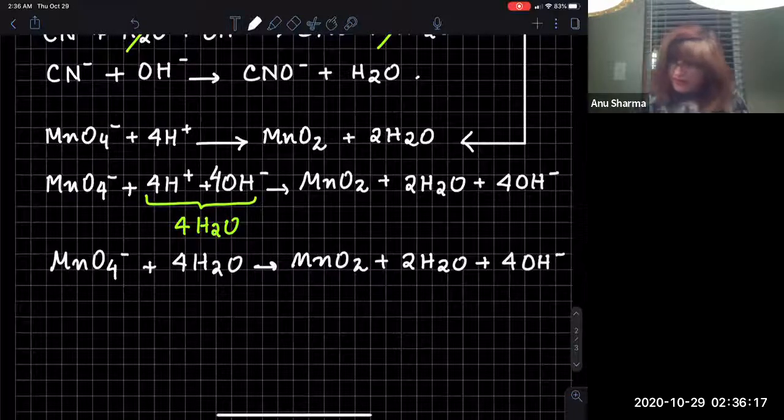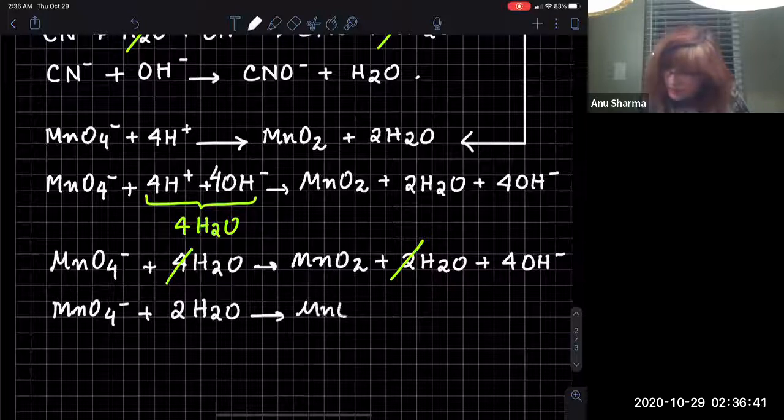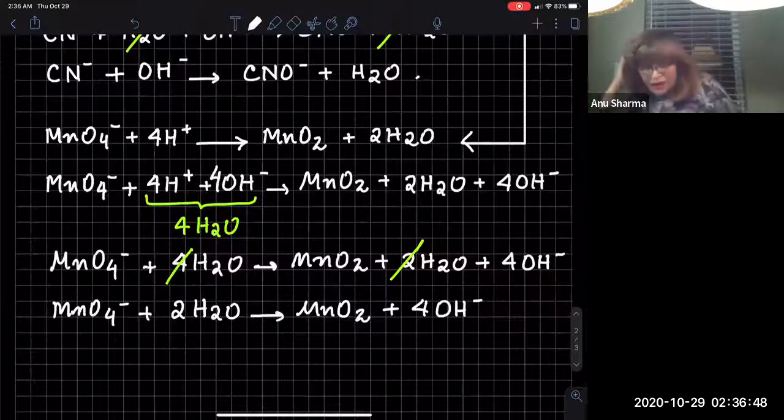So we see that now the water molecules cancel out, and we are left with this equation: MnO4⁻ plus 2 water molecules gives you MnO2 plus 4 OH⁻.